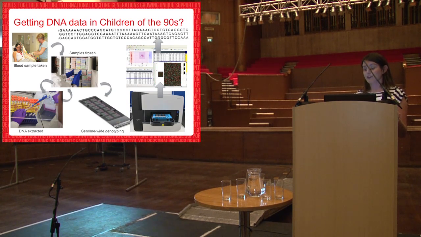That was probably put back in the freezer in our lab. And then, because the human genome was only sequenced in 2001, so that's 10 years after Children of the 90s started, there needed to be a technology catch-up before we could do genetic studies.